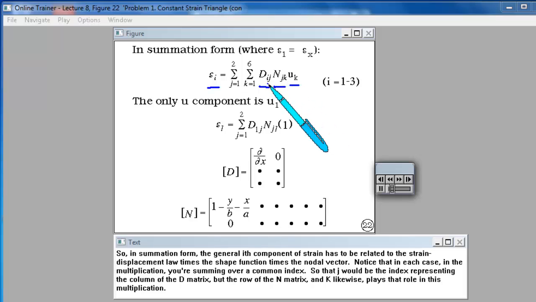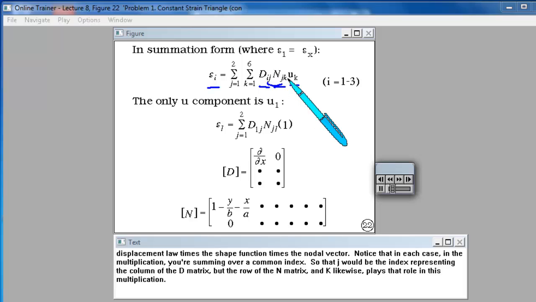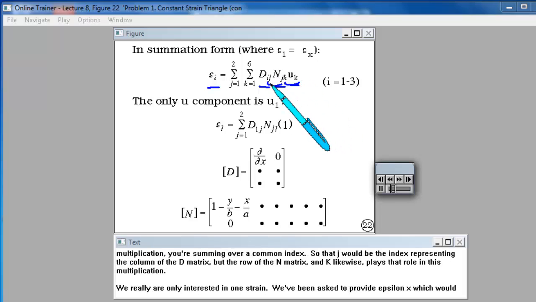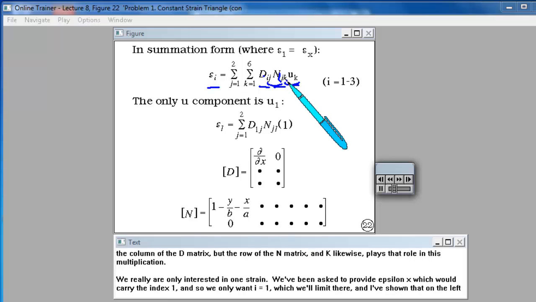And notice that in each case in that multiplication you're summing over a common index, so that J would be the index representing the column of the D matrix but the row of the N matrix, and K likewise plays that role in this multiplication.